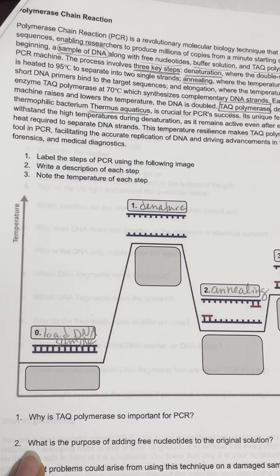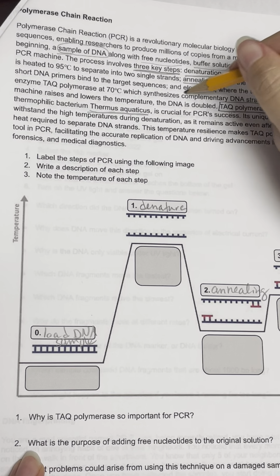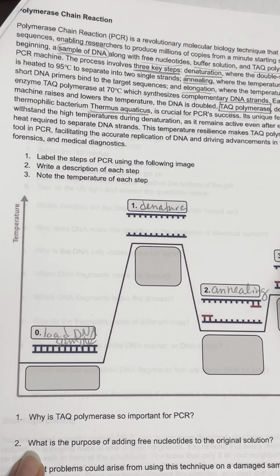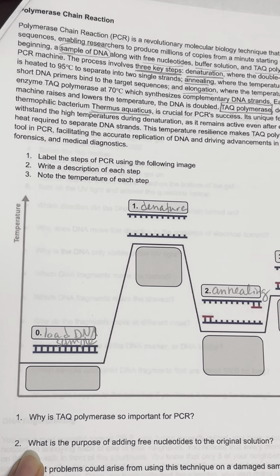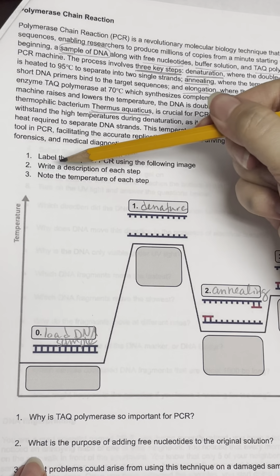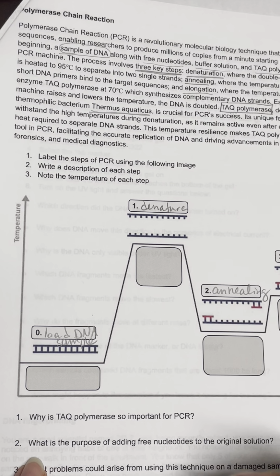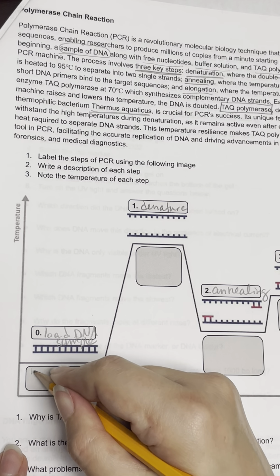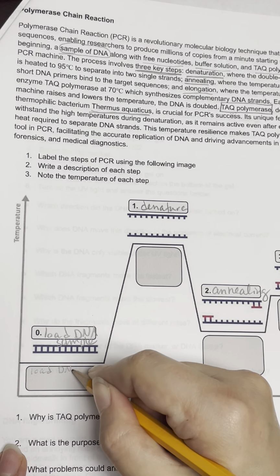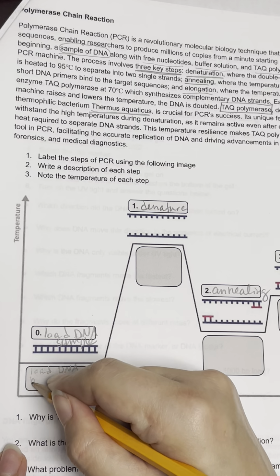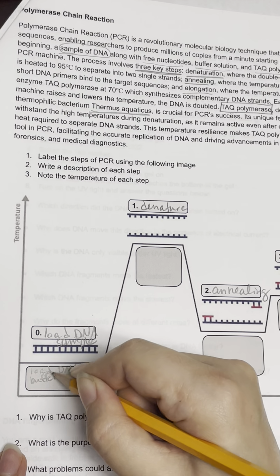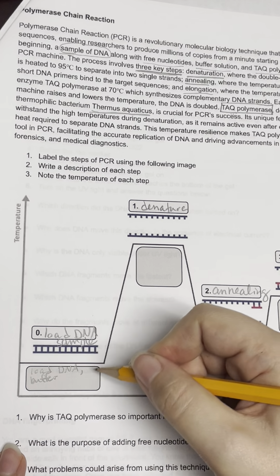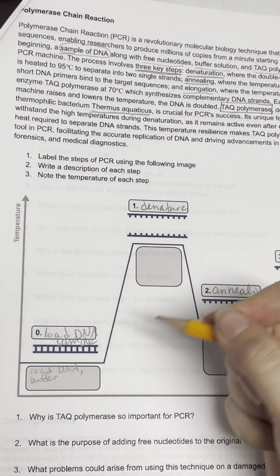The third step, if we continue to read, is called elongation. Now, number 2 says write a description of each step. So when I load my DNA sample, I'm going to load the DNA, the buffer. The buffer is going to be a liquid that prevents it from evaporating too much, so we want to have lots of buffer.